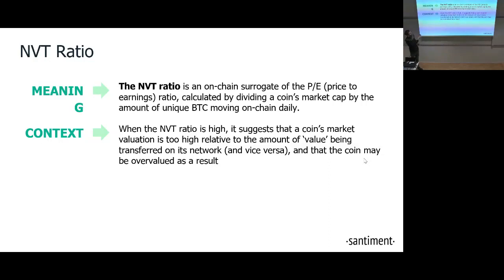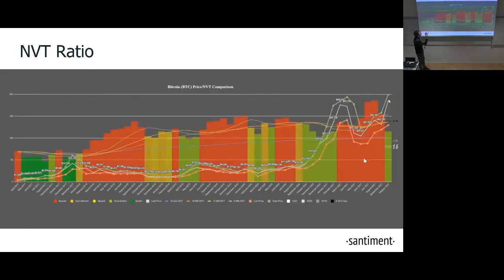And so when the NVT ratio is high, it suggests that a coin's market valuation is too high relative to the amount of value being created on the network daily. And when it's too low, it could be potentially undervalued, because market valuation is fairly subprime relative to the amount of unique coins moving or being in circulation on a daily basis on the network. So this is what our NVT ratio model looks like.